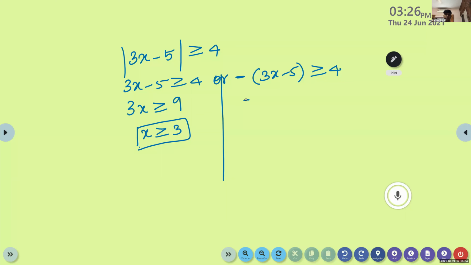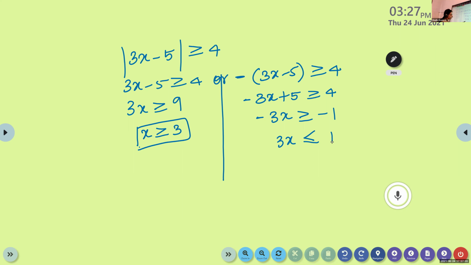Karthik, give the next step for the second part. Ma'am, open the bracket. Minus 3x plus 5 greater than or equal to 4. Then minus 3x greater than or equal to minus 1. So we can write this as 3x is less than or equal to 1. We can multiply by minus on both sides.